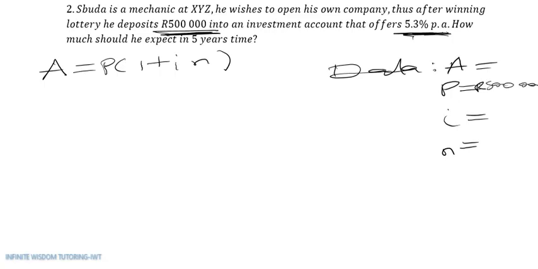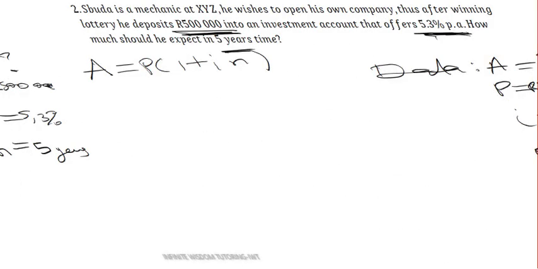So let's go on and see. It says into an investment account that offers him now for substitution's sake, we are having A, which is unknown. Keep it as A. The P is 500,000. So we're gonna put 500,000 rands. 1 plus the I is simply 5.3%, of which you can choose to write 5,3 over 100. It's a choice.